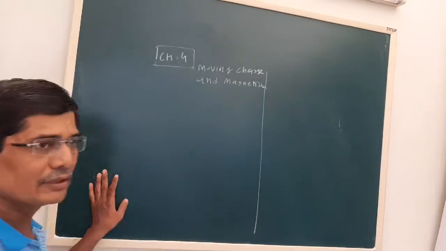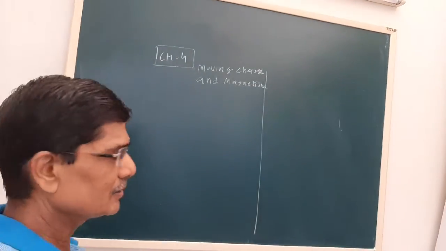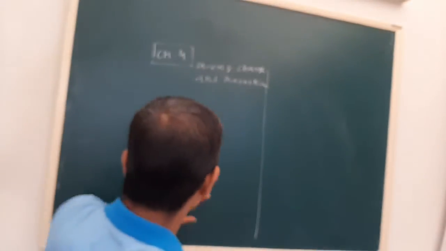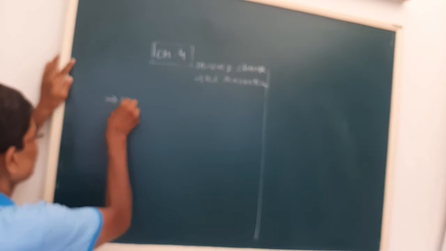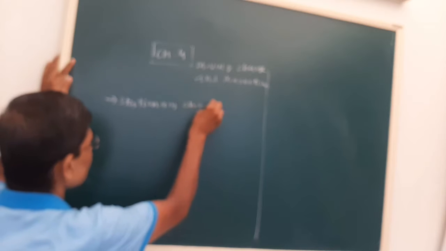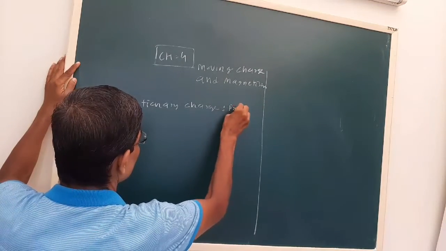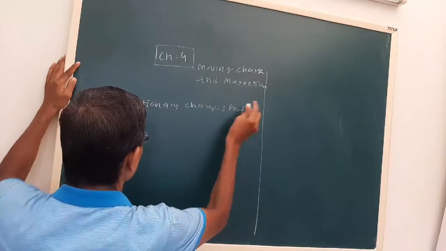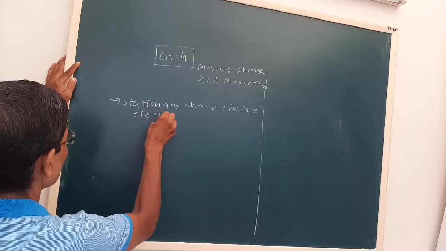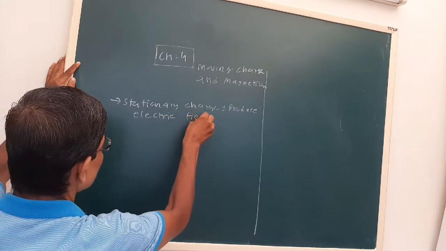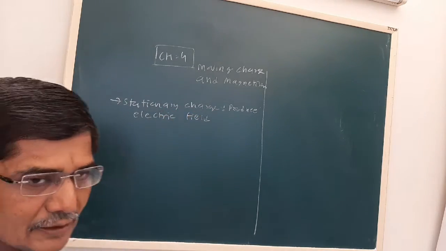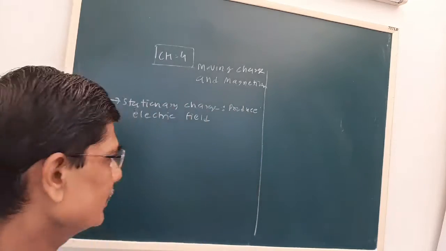We discussed last time that a stationary charge produces an electric field. We have studied that in lesson number 1 and 2, that is static electricity.